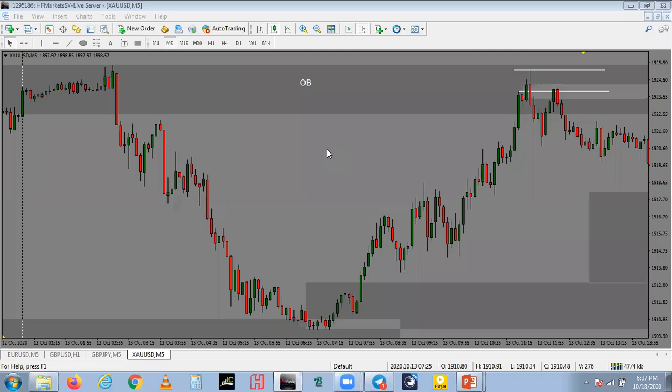If the price refuses to retrace and pull back, what's going to happen to the buy limit or the sell limit?